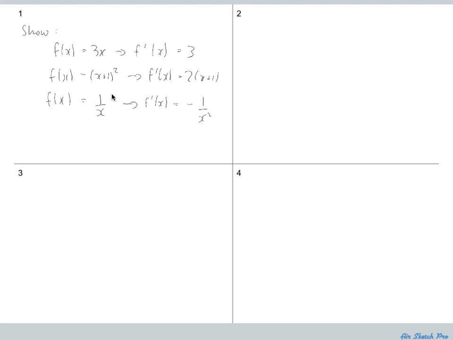Okay, so we have f of x equal to 1 on x.